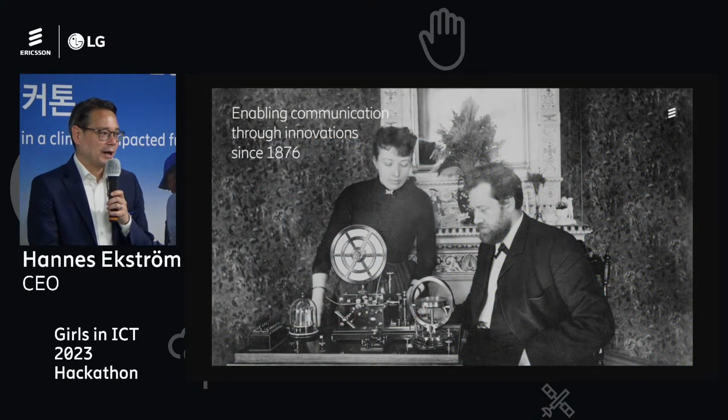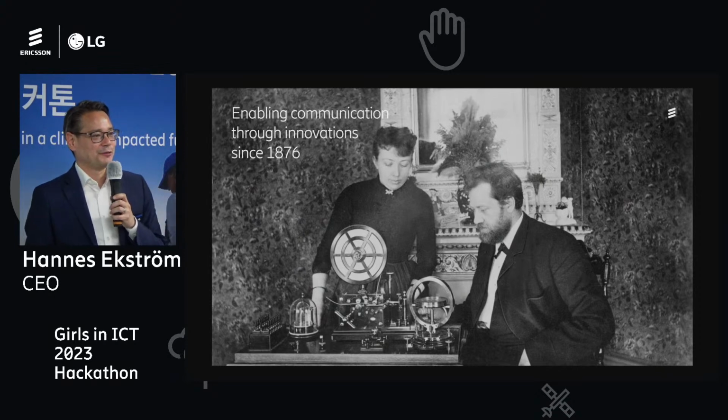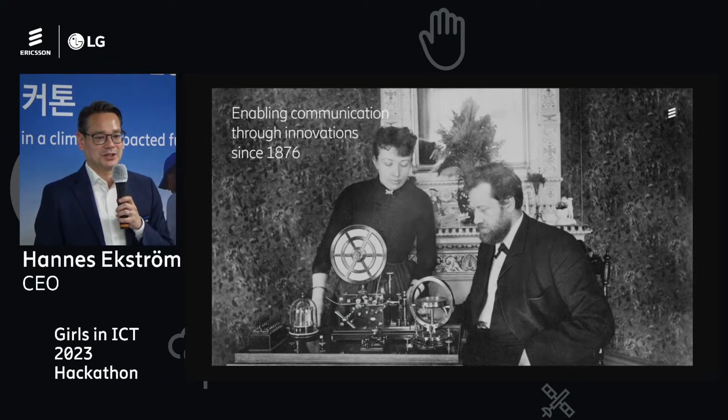If we go back in history, I just want to give a few glimpses into the history of this company. It's a Swedish company, founded in 1876 by the gentleman in the picture here. He was called Lars Magnus Ericsson, and that's where the Ericsson name comes from. He set up a repair shop for telegraphy equipment.